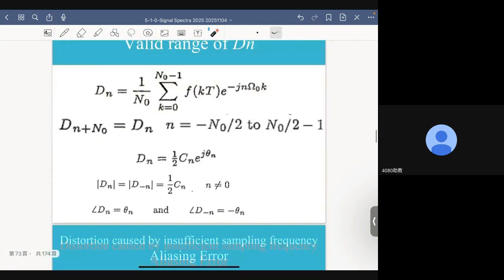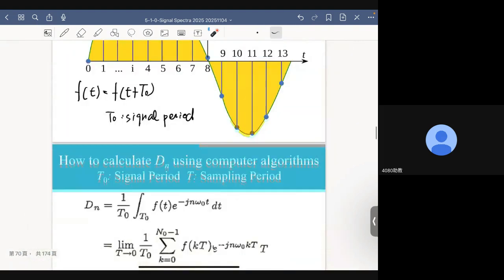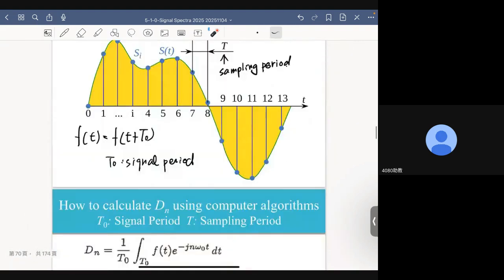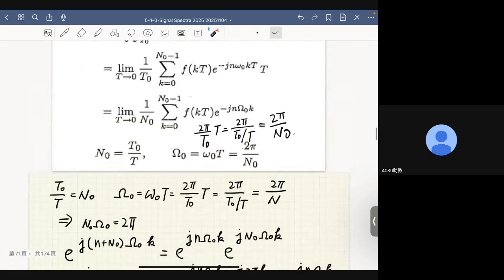Now, capital omega 0 is what I call the digital frequency. And omega 0 is what I call the analog frequency. We will study their similarity and their difference in a later part of this course.